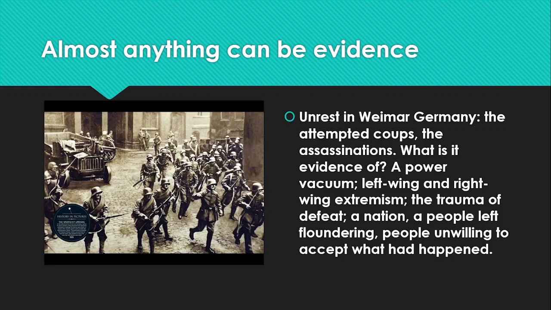The attempted coups, the assassinations. What is it evidence of? A power vacuum? Left-wing and right-wing extremism? The trauma of defeat? A nation, a people left floundering? People unwilling to accept what had happened?